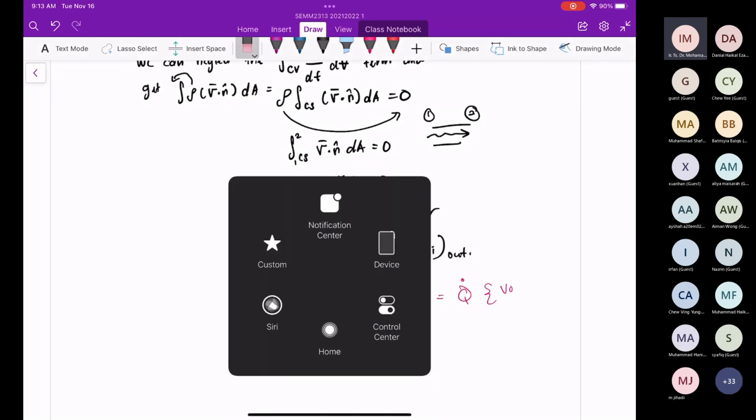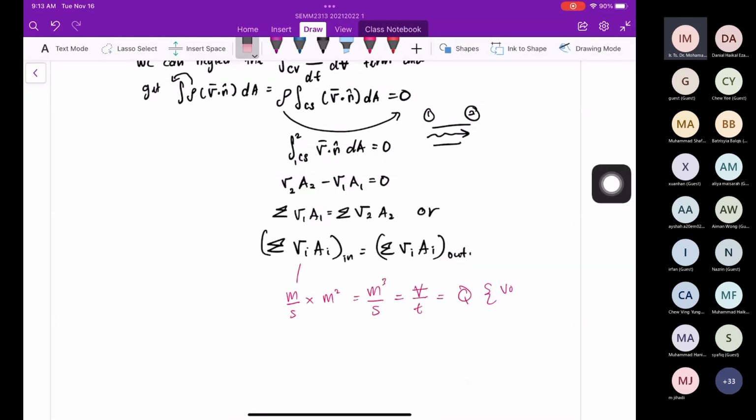When you put the Q, no need to put the dot. It's already well known. It is the volume flow rate. So here Q out equals Q in.